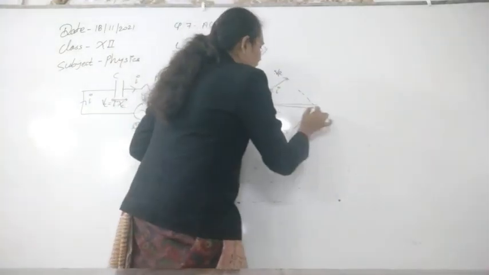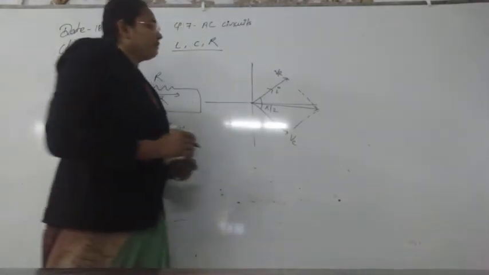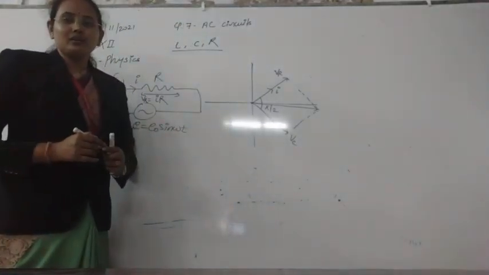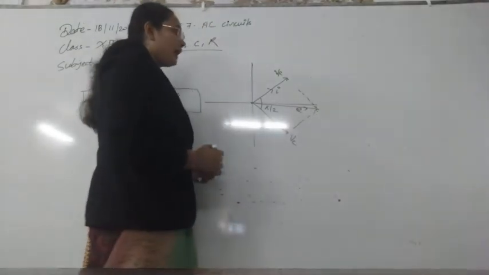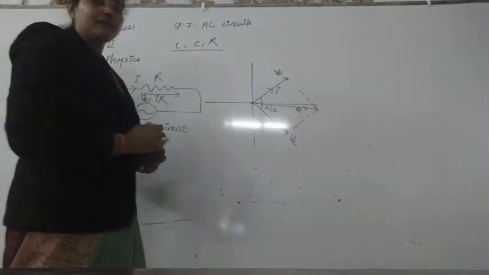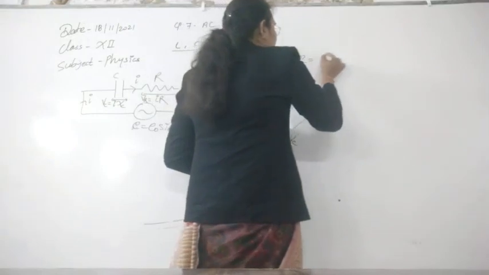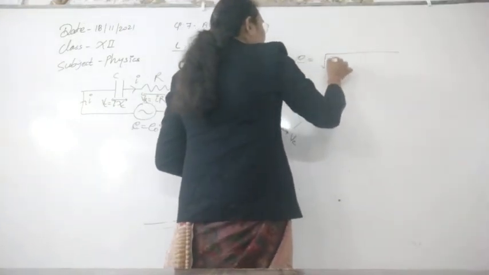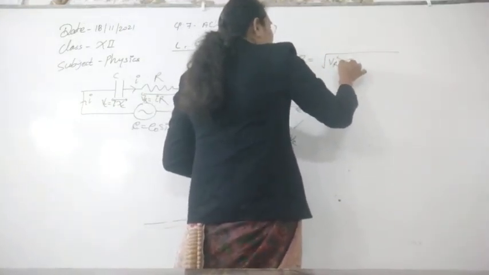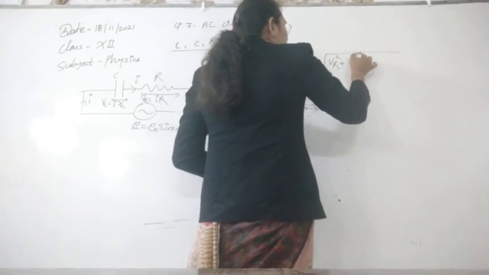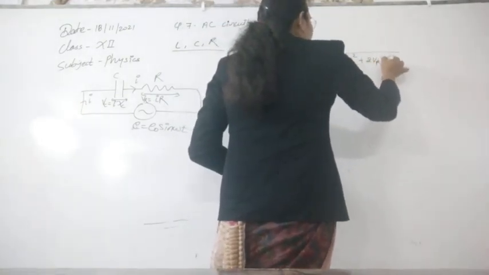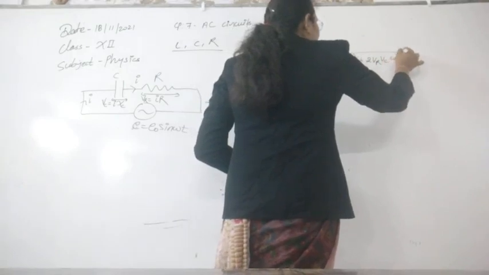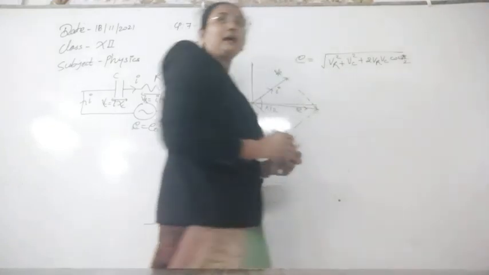The diagonal of this parallelogram will represent the resultant, and that resultant should be equal to E. The value of E can be found by the formula E is equal to root of first vector square plus second vector square plus 2 times first and second vector times cos of the angle between them. So the angle between them is now pi by 2.